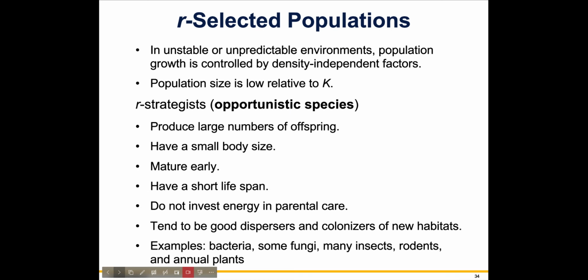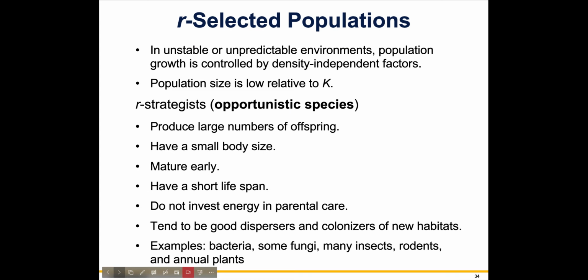Your population growth is really determined by a lot of those density independent factors, so things like natural disasters, and your population size tends to stay kind of low compared to the carrying capacity.